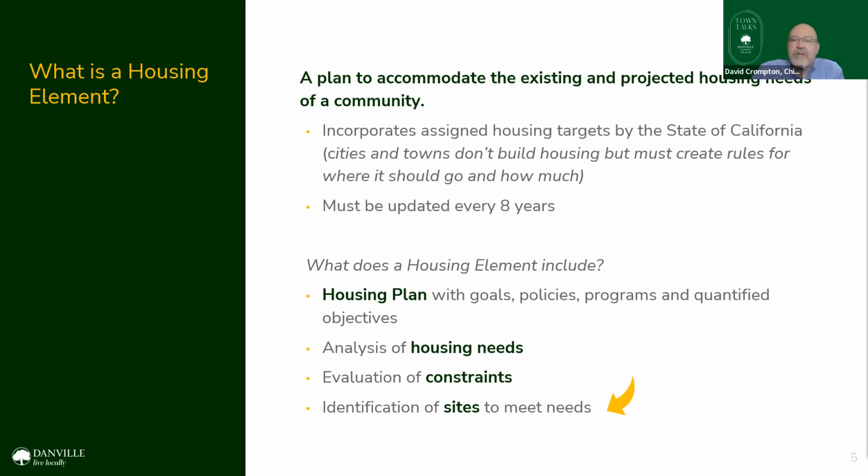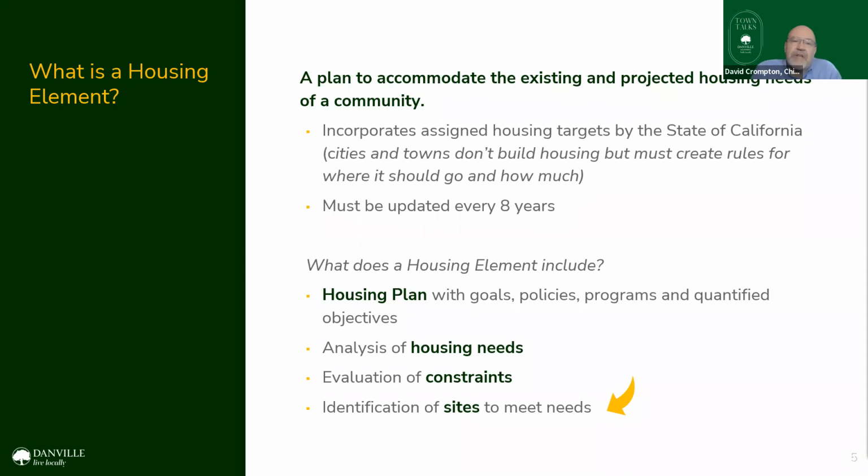It's also important to remember that most cities do not build homes. Danville certainly doesn't build homes, and a housing element does not require that the homes be built. We don't have control over private developers either. But what a housing element must do is show that we have enough land set aside that is zoned appropriately at the correct densities to provide for our housing assignment.